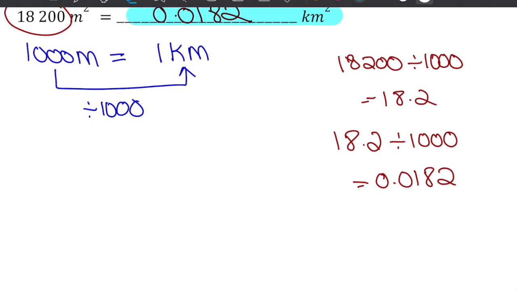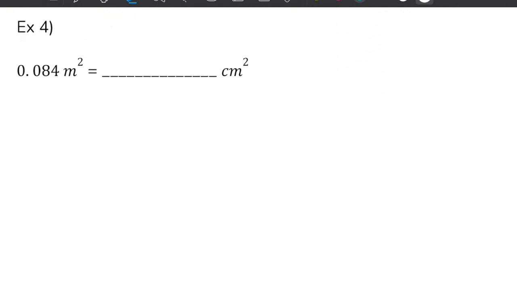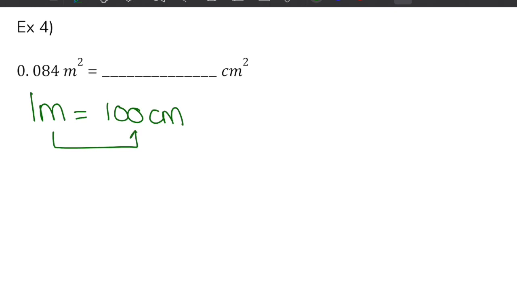All right, one more example. We're going from meter squared to centimeter squared. So let's write our conversion fact. So 1 meter is equal to 100 centimeters. Okay, how do I get from here to here? I multiply by 100. Let me try that again. That does not look like a multiplication sign. Here we go.